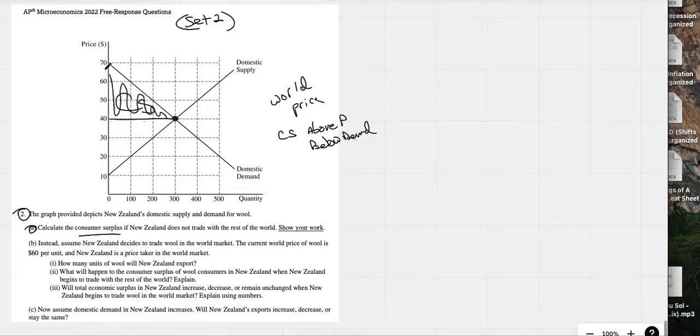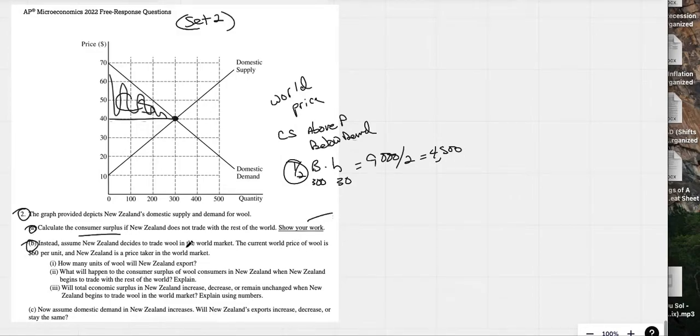This is just the area of a triangle, right? So it's 1/2 base times height. Looks like our height is 30, our base is 300. 30 times 300 is 9,000, and divided by 2, 4,500. All right, easy enough. I think we're done with that.